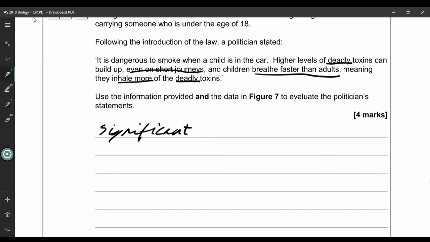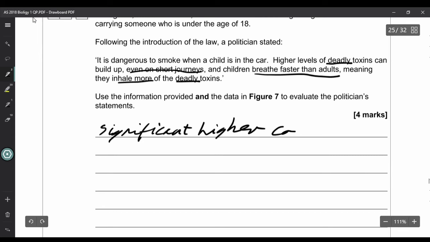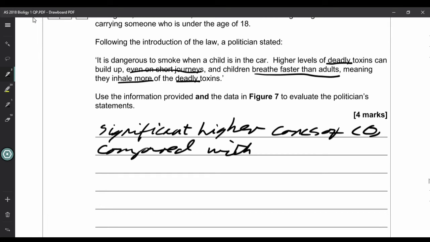So there's a significant higher concentrations of CO compared with the no smoking. So again, because it's a difference, we've got to say what we're comparing with.